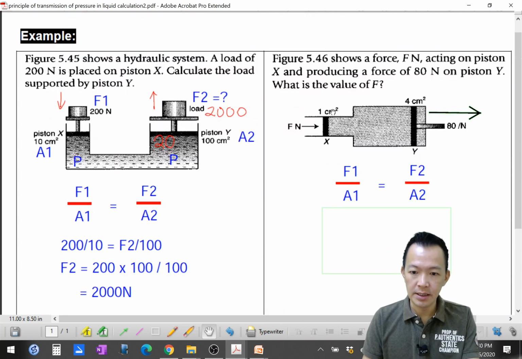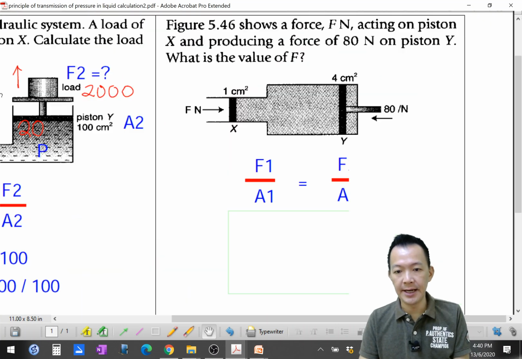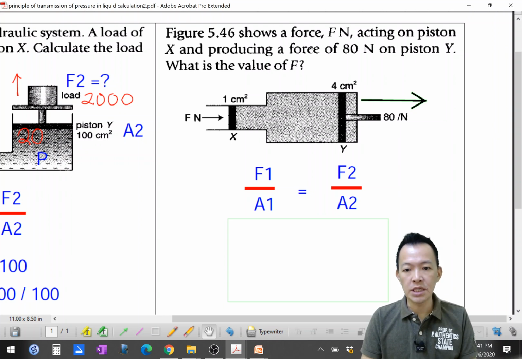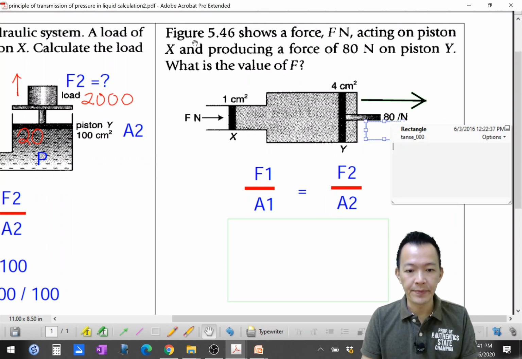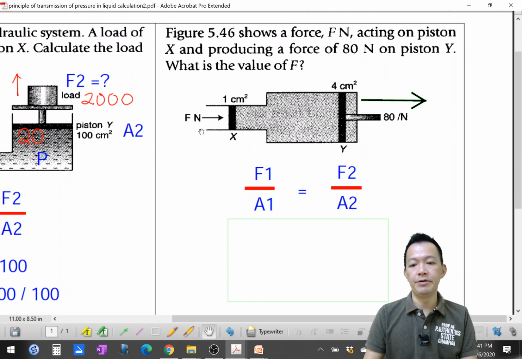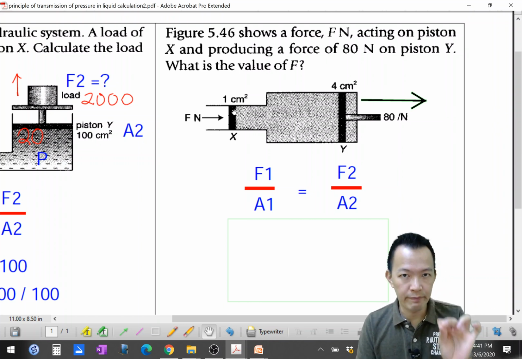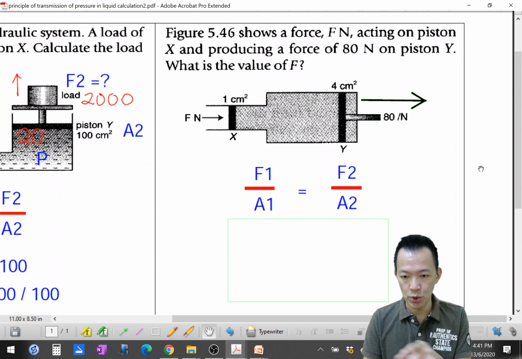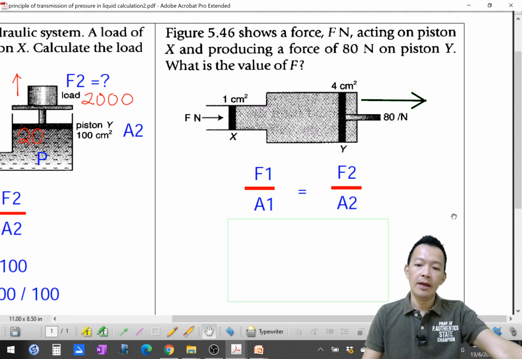Next, another example. Figure 5.46 shows the force F acting on the piston X. It pushes piston X, producing a force of 80 Newton on the piston Y. So what is the value of F? Apply force on the small surface and on the big surface you become very strong. Understand?